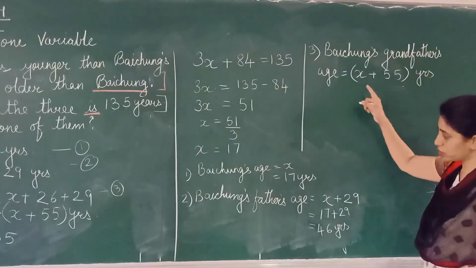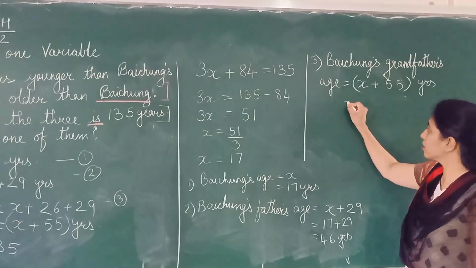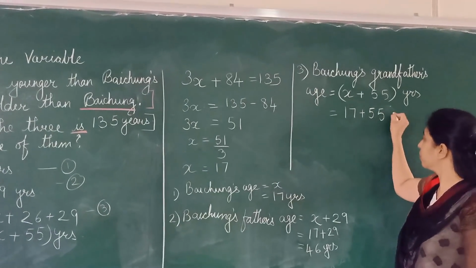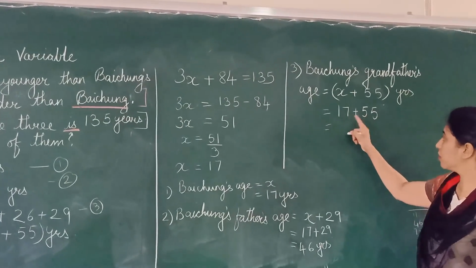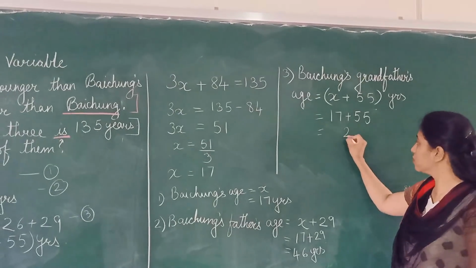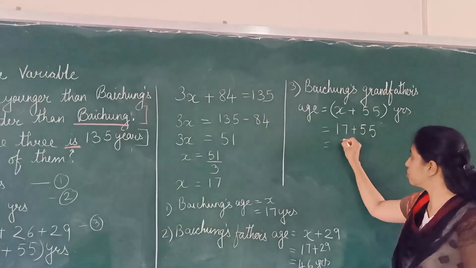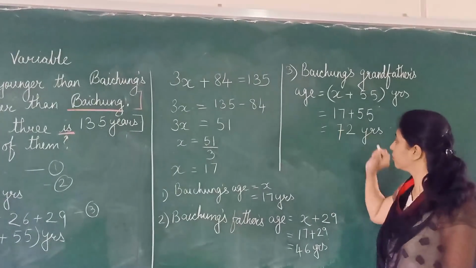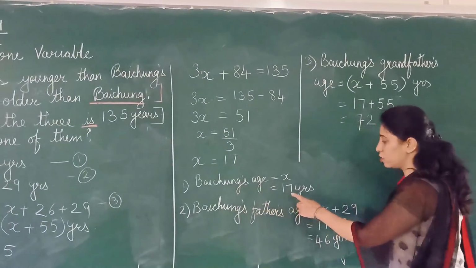Okay. So you are going to just substitute the value of x. So the value of x is 17 plus 55. Okay. So now just add 17 plus 55 is equal to 72 years.